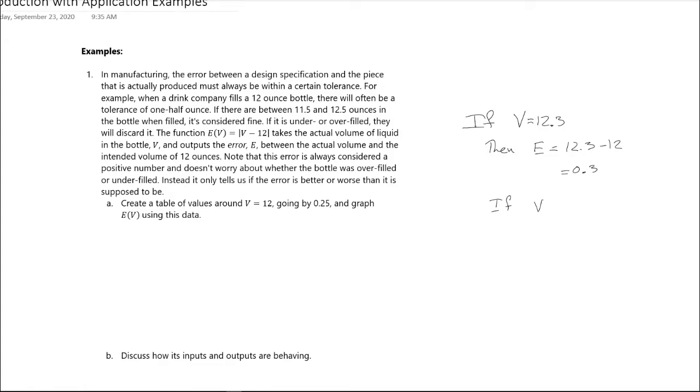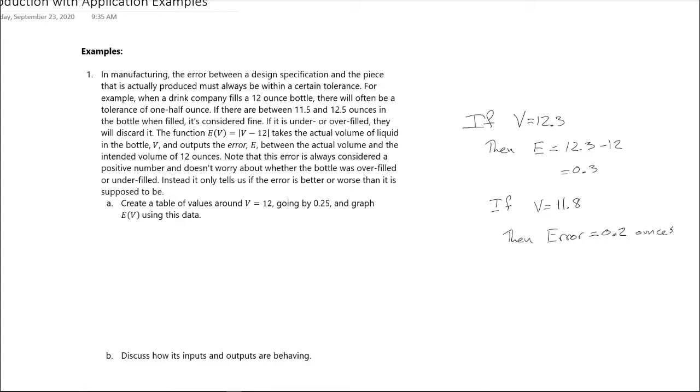If the actual volume, once the machine fills up the bottle, ends up being like 11.8 ounces, say, then the error is 0.2 ounces, right? It's supposed to be 12 ounces, and it's 0.2 off.